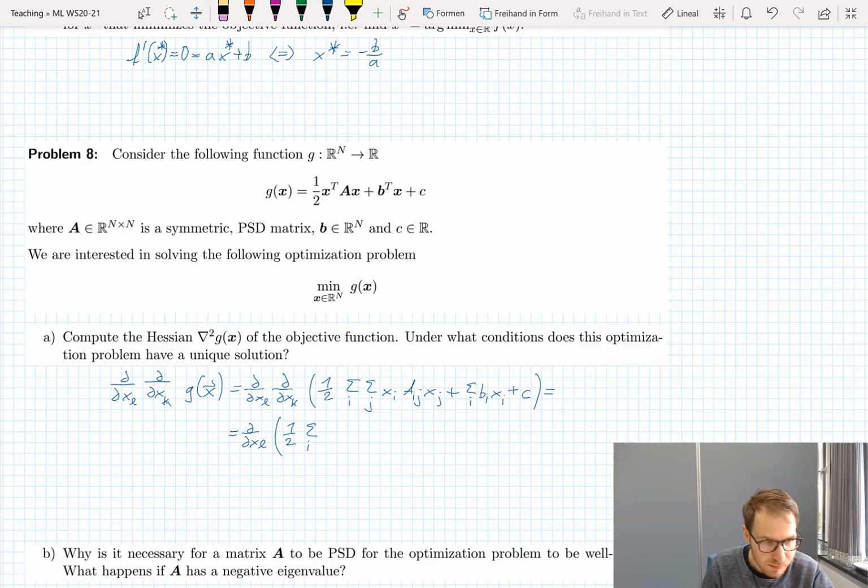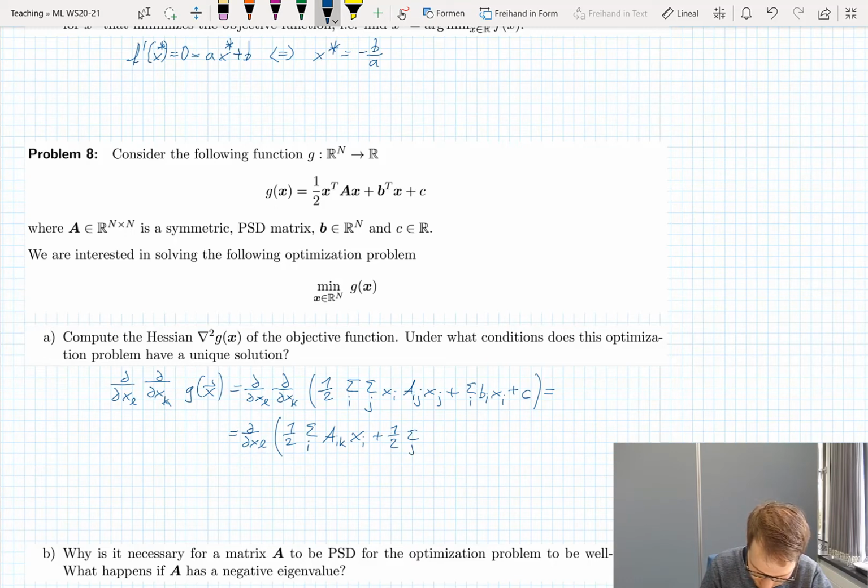So what we have then is a i k x i, plus one half. So that's basically with respect to the second one, and we eliminated the sum over j. And now we can eliminate the sum over i with the delta function.